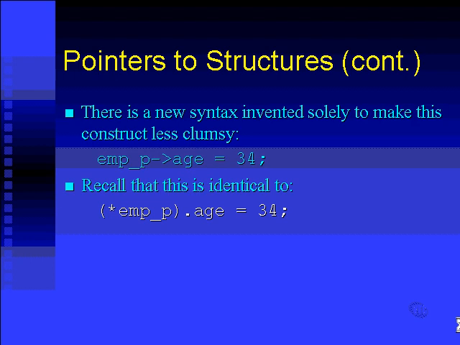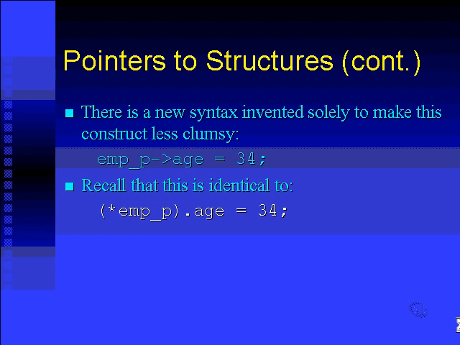And if we're trying to find one of the fields of a pointer to a structure, we use the minus sign greater than, or the pointer arrow. We'll call it the arrow. So you either use the dot or you use the arrow, depending on whether the thing to the left of it is a structure or a pointer to a structure, respectively.